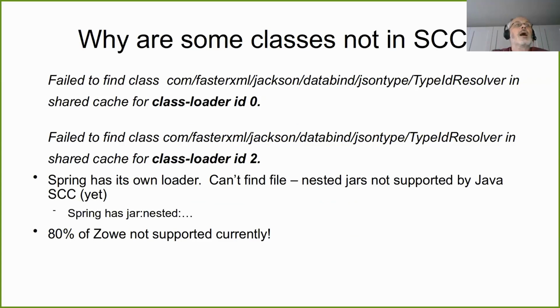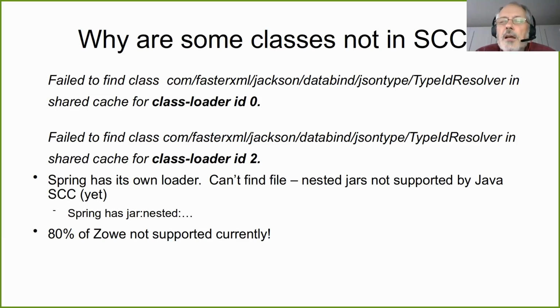For example, I found that the Spring framework has its own class loader, and it's doing clever things. So we can see entries like class loader 0, class loader 2. Now, the Spring framework, quote, optimizes the code. Instead of having a jar file full of classes, they have a jar file full of jar files, which can have jar files within it.